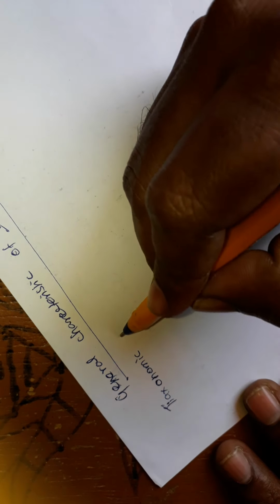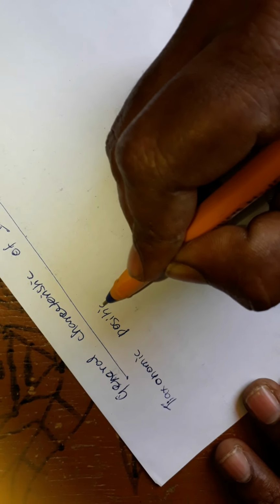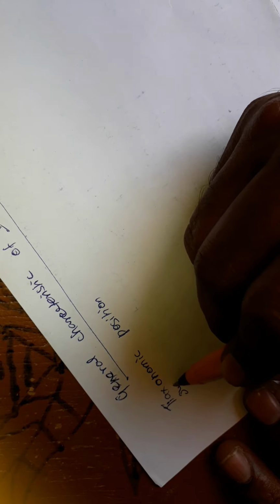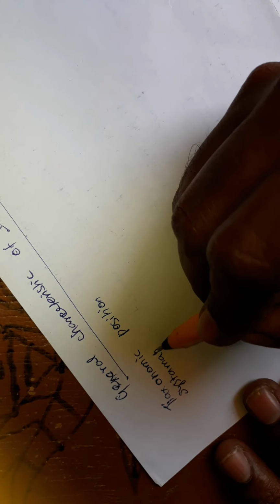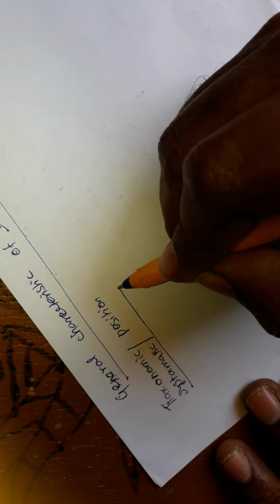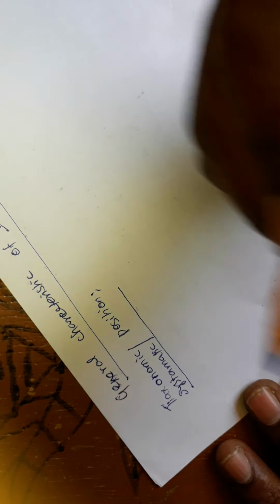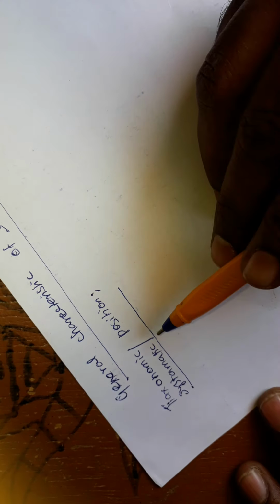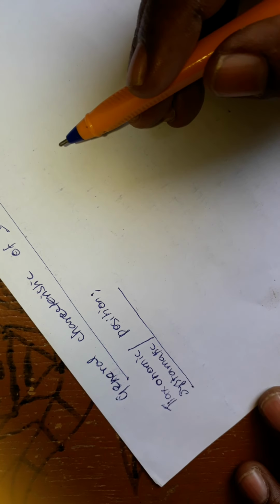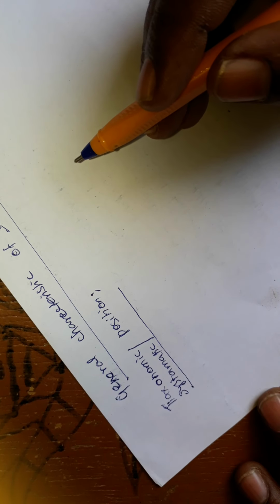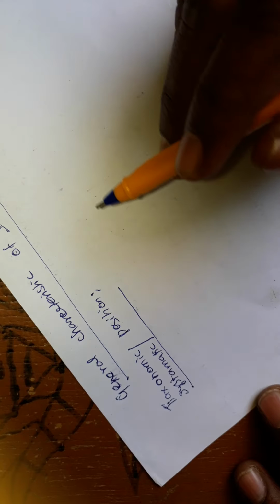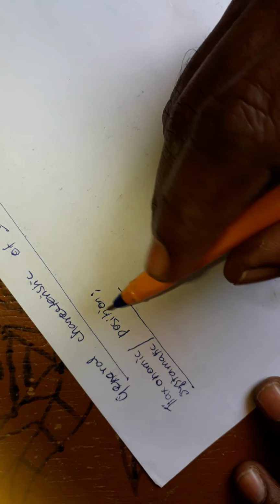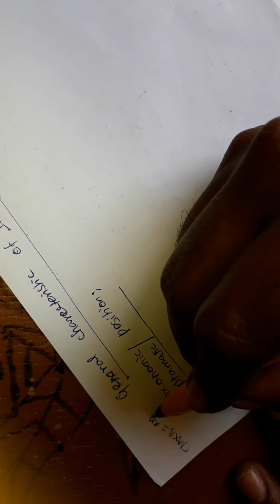Taxonomic position or systematic position: how organisms are arranged in order in a taxonomical way. Okay, what is meant by taxonomy? Taxonomy is an arrangement in a systematic manner. Taxis means arrangement, nomos means method or law.